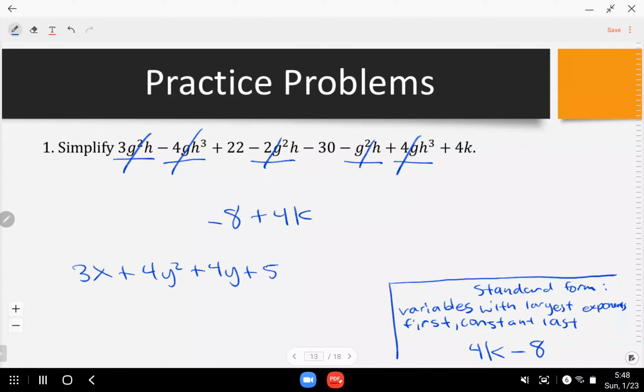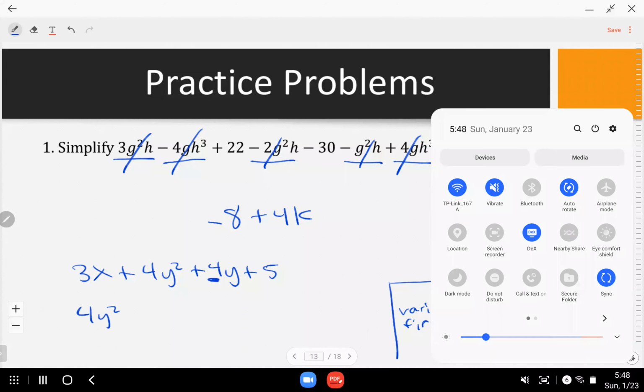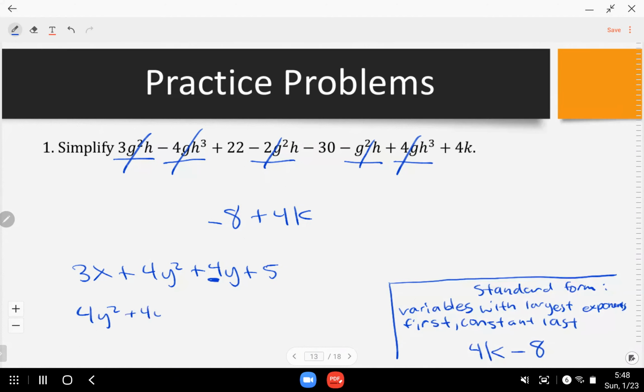So make sure you get the variable with the largest exponent, right? So which is y squared. So 4y squared, and then you look at 3x plus 4y. Well, the coefficient here is going to be larger than 3, so 4y and then 3x plus 5, right? So that's how we put it in standard form.